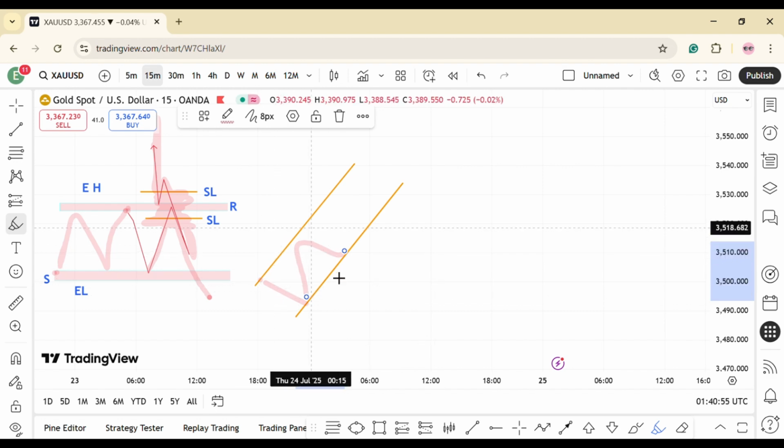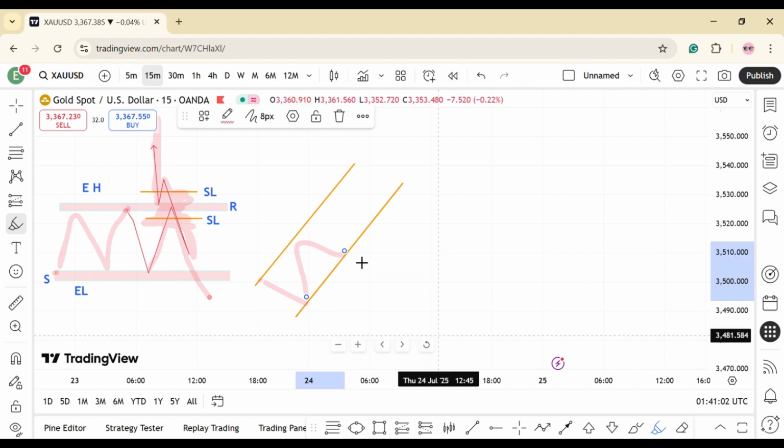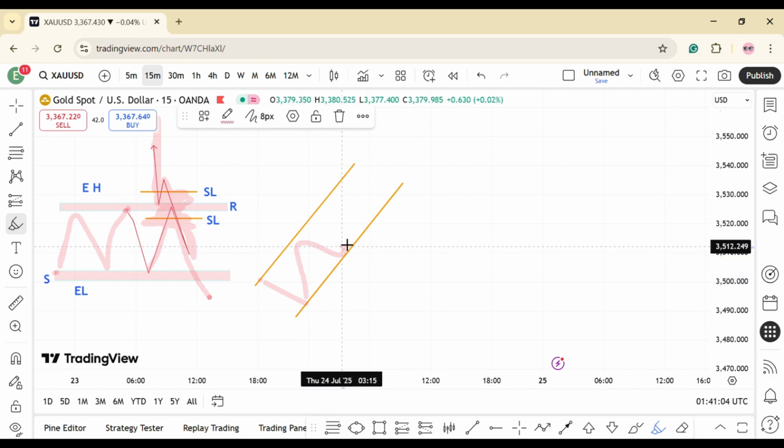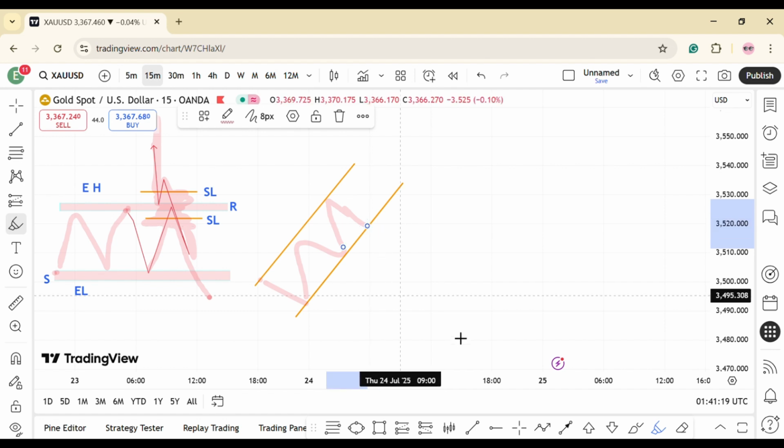Those who are buying, those who trade trend line bounce, when we come to this trend line, the next ones want to sell down, and when market comes to this place, they want to buy. So this is what market will do to those people.